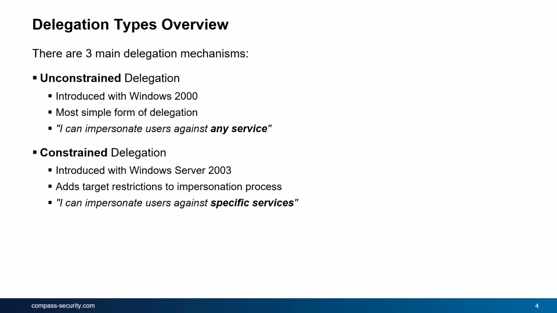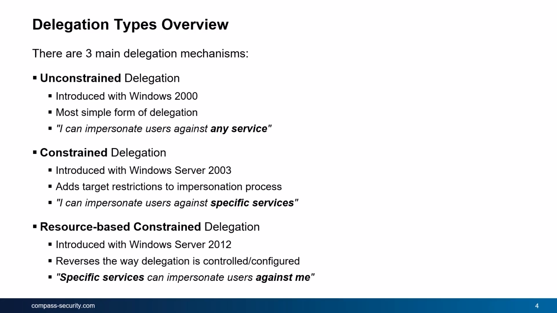We have the constrained delegation, where the targets of the delegation are restricted, so the impersonation can only occur against specific services. And then we have the resource-based constraint delegation that was added last. This essentially works the same as the constraint delegation, but it reverses the way the delegation is defined. And in this part of the series, we are going to talk about the resource-based constraint delegation mode.